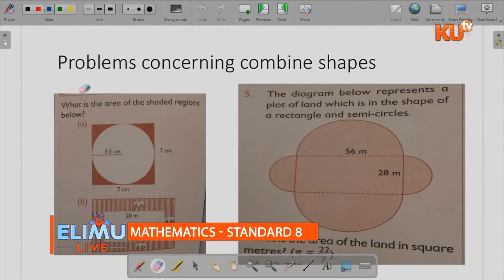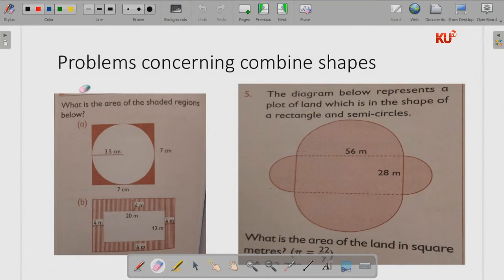Now we will move to solving the problems. These ones, I extracted them from different materials. I want us to go through them one by one. If you check the first one there, there are 2 things.